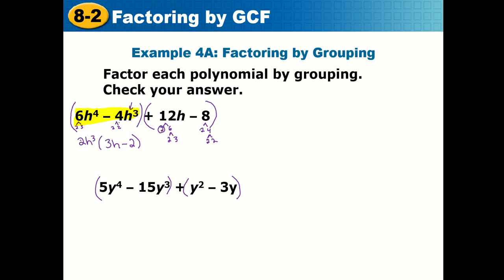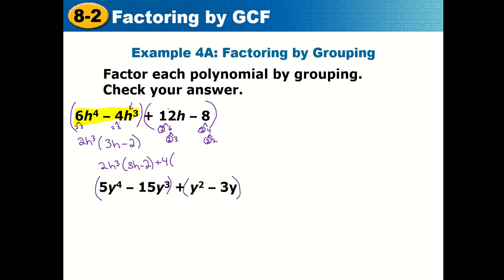I've got a 2 and a 2, I've got a 2 and a 2. So my greatest common factor of 12 and h is 4. So I'm going to rewrite this: 2 times h cubed times 3h minus 2. And then I'm going to do plus 4. Well, why'd you do plus 4, Mrs. Combs?